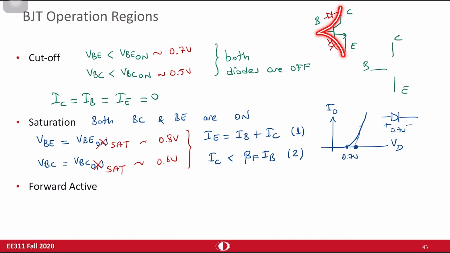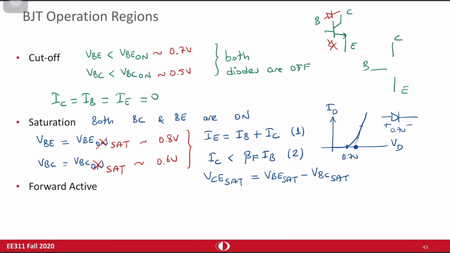To be able to satisfy KCL and KVL, this voltage is VBE SAT minus VBC SAT, which is VCE SAT. So VCE SAT is equal to VBE SAT minus VBC SAT. We check these three equations for finding voltages and currents across the bipolar transistor.